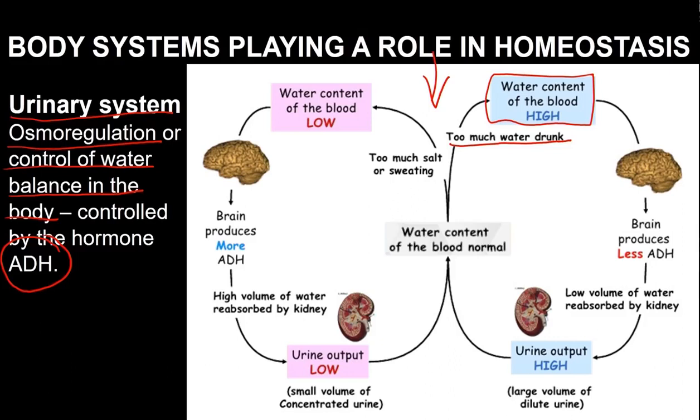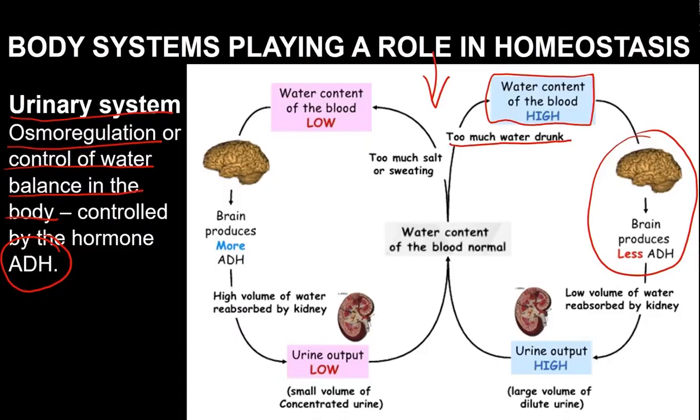And what the brain then says, remember, ADH is your save water hormone. And if you don't need to save water, guess what? The brain won't produce ADH because you don't need to save water. And when there's no ADH, what does the kidney do?